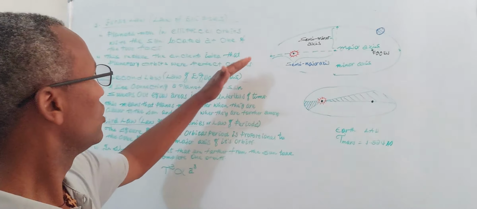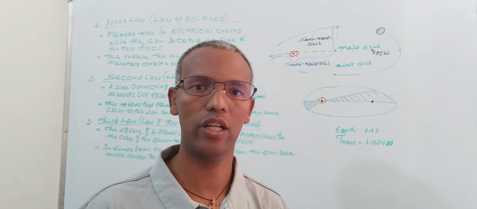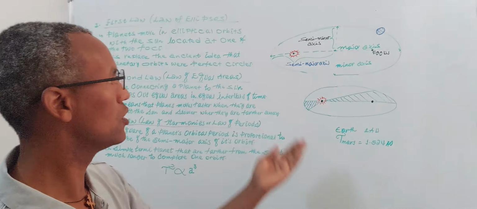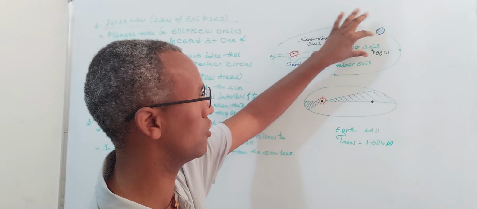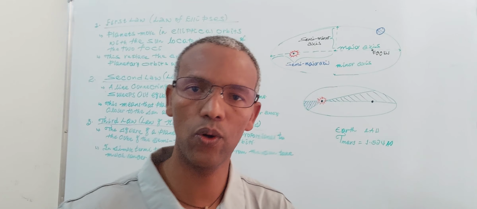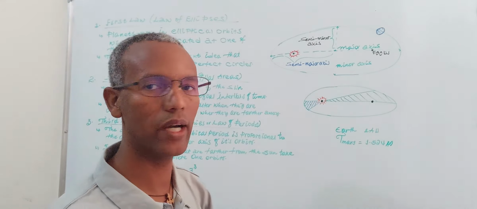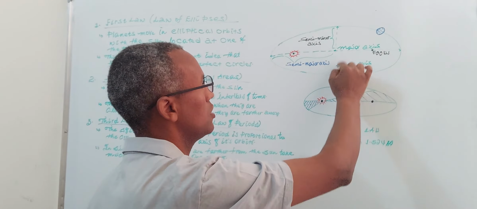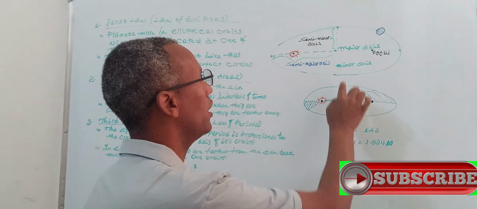Now let's see the key parts of an ellipse. This is the major axis, which is the longest diameter of the ellipse. This is the minor axis, which is the shortest diameter of the ellipse.